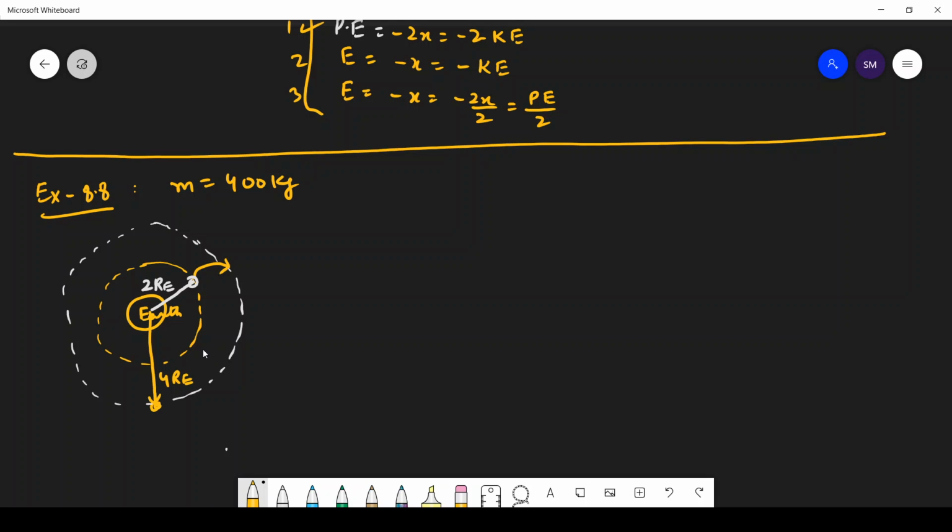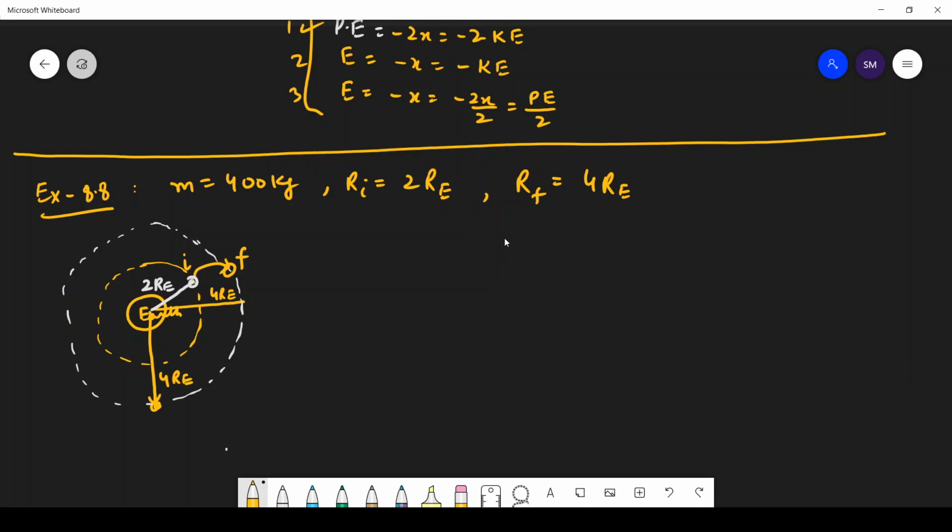So what are the changes? Kinetic energy and potential energy. So here we can assume that this is the initial position of the satellite, this is the final position of the satellite. So initial radius ri was your 2Re, and the final radius of the orbit is 4Re.